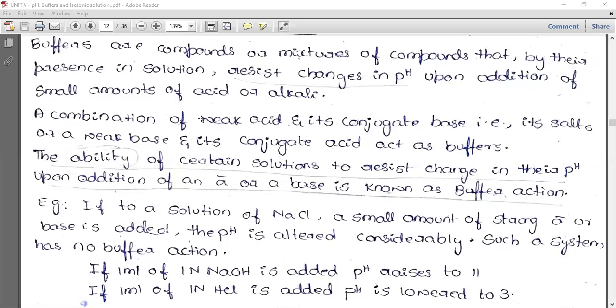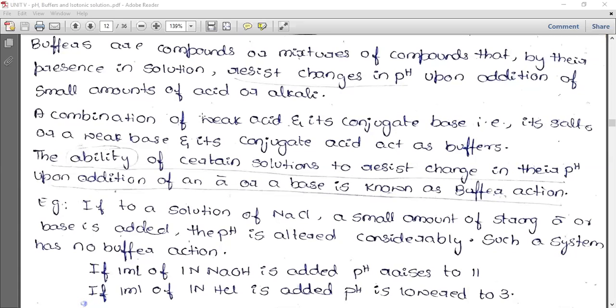On adding acid or base to any solution, any increase in acidity or basicity can be prevented by adding buffers. Chemically, these are a mixture of a weak acid and its base.